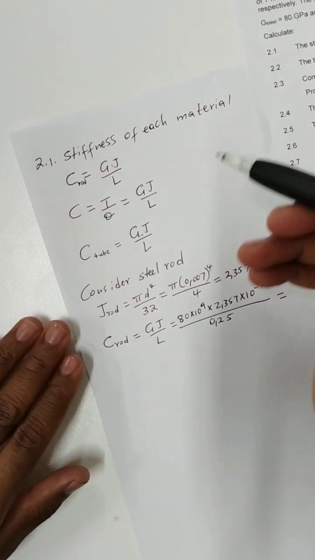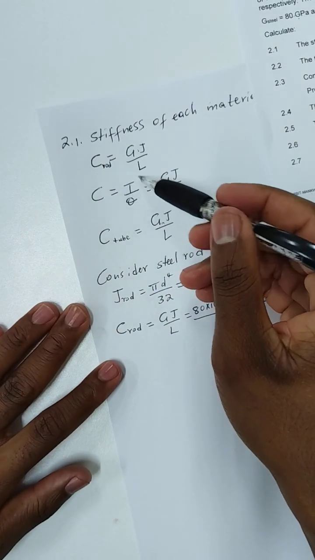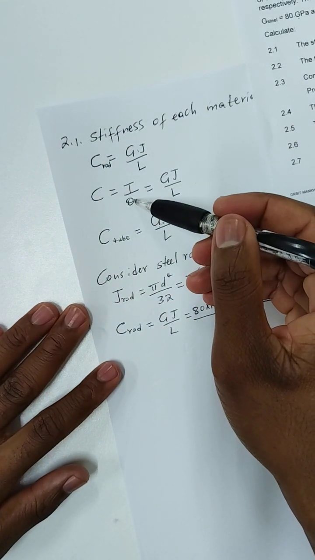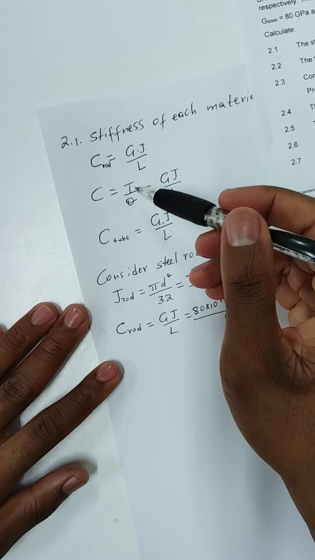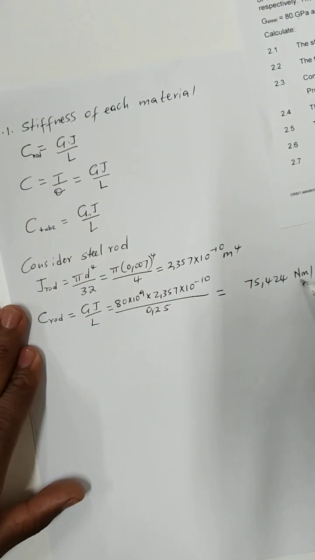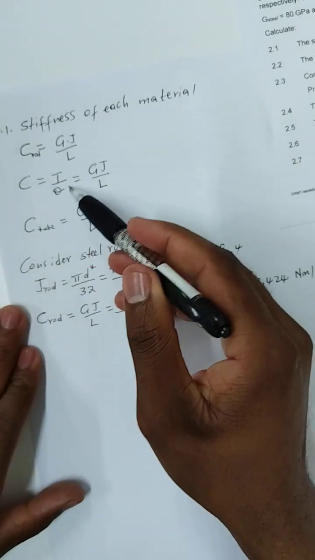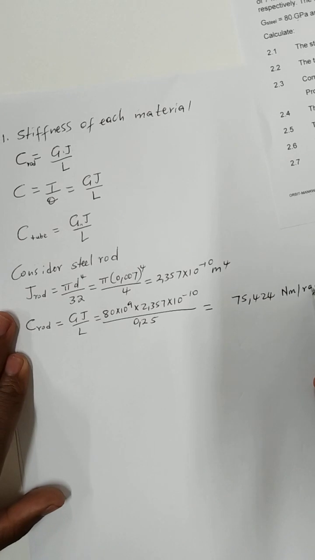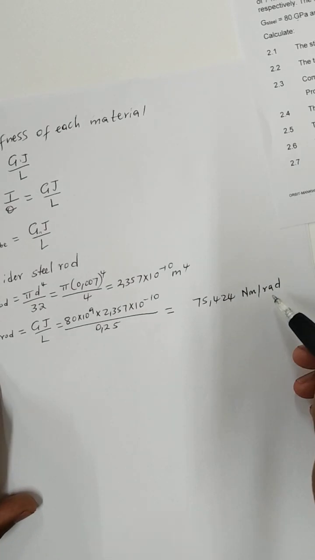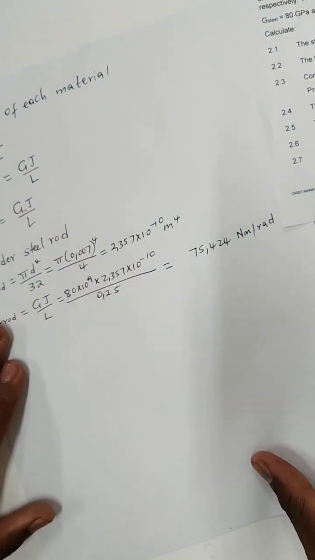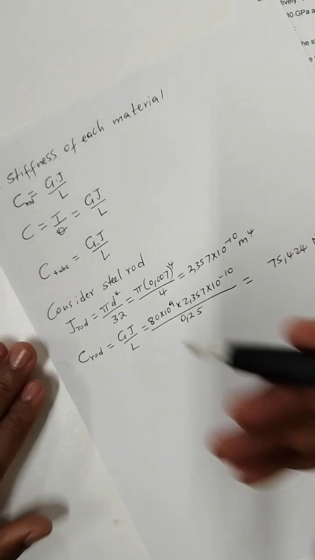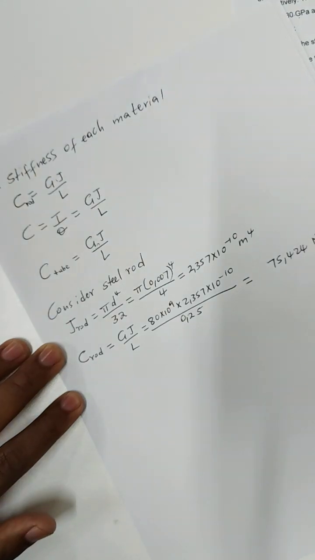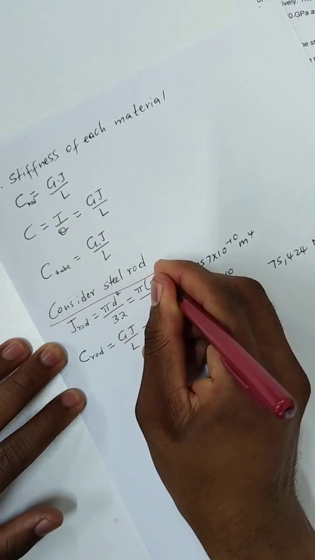It's from here. Remember, stiffness is torque over theta, the angle of twist. So the unit for torque is Newton meter, divided by the unit for angle of twist, which is radian. So that's why we have Nm divided by rad. So that unit is from there. Yeah, it's correct.